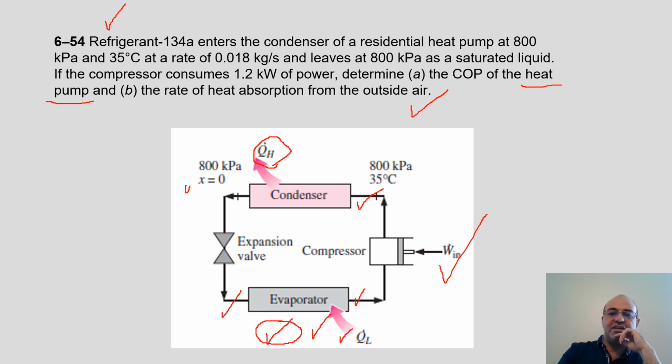If you want to heat the area here, then the device is called a heat pump. You can actually switch. In some areas, the same device is used, and in the winter the condenser part is used as the desired output, and in the summer the evaporator part is used.